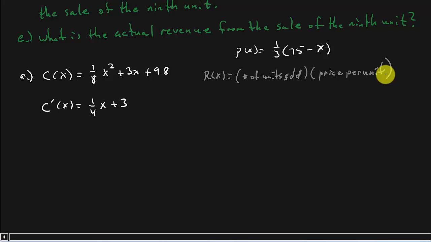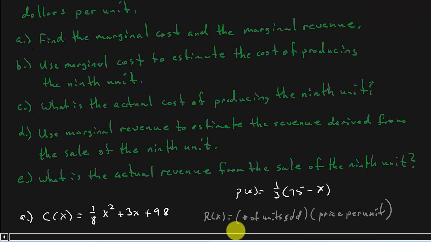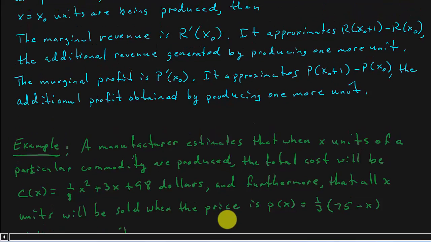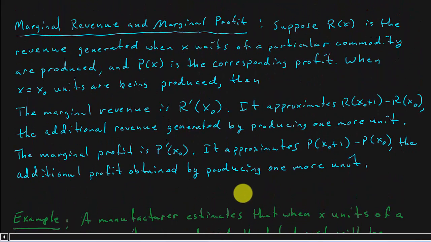That's your revenue function. So in this case, our revenue is equal to the number of units sold. Well, how many units are we selling? Let's see, where does it say that?